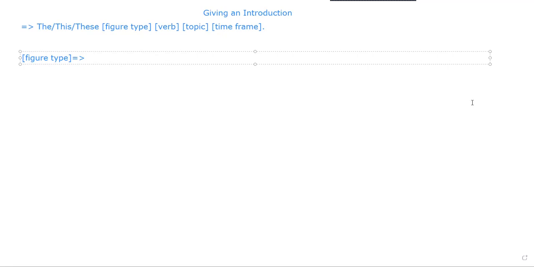For example, it can be a line graph, or a bar graph, or perhaps a column graph, similar to bar graphs, or a pie chart, like we said.